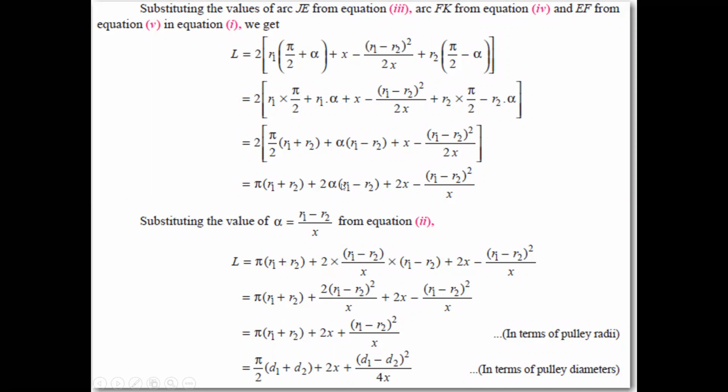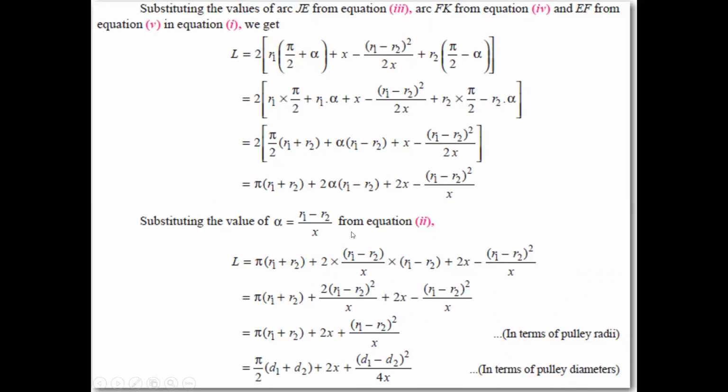Pi into (R1 plus R2) plus 2 alpha into (R1 minus R2) plus 2x minus (R1 minus R2) whole square by x. So the total length of the belt drive is this value.